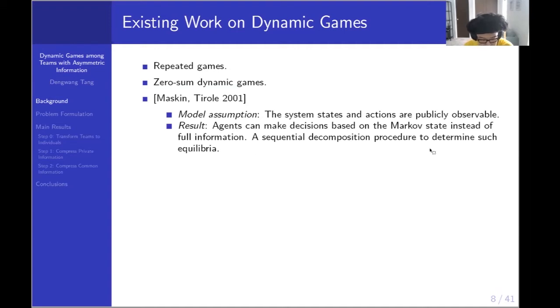The first one is Maskin and Tirole's 2001 work, where they introduced the notion of Markov perfect equilibrium in a dynamic game with perfect information. They conclude that in these systems, an agent can base a decision on the Markov state of the system rather than the entire history. So that's a compression of the agent's information. So this is for the perfectly observable case.